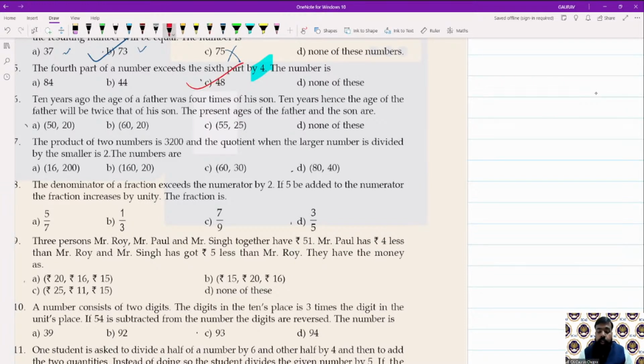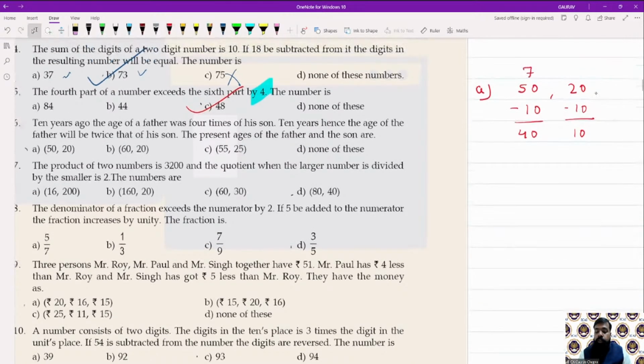So if we try using option number A, that is 50 and 20, and 10 years ago, that means minus 10 we have to do. Minus 10, minus 10. So what is the age? 40 and 10. Now we can see the father is 4 times as compared to son.